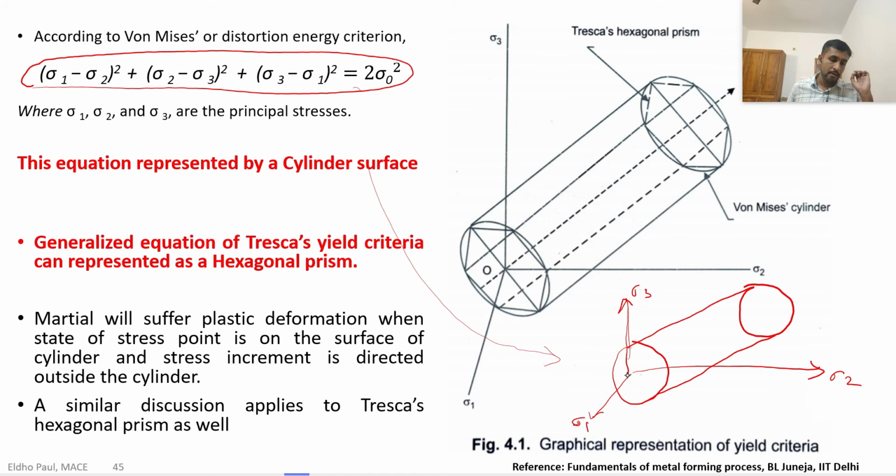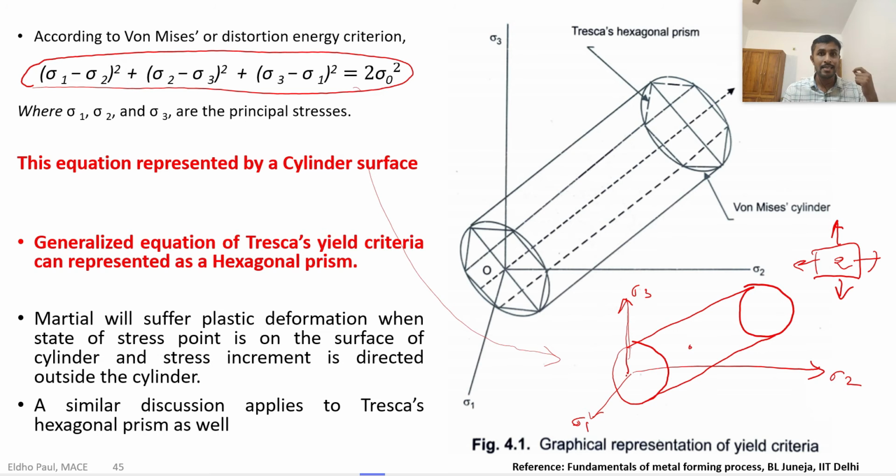This is very important. For example, I am taking a body with a complex loading condition. If the state of stress on this body is within the cylinder, then the material will not plastically deform. There will not be any plastic deformation.